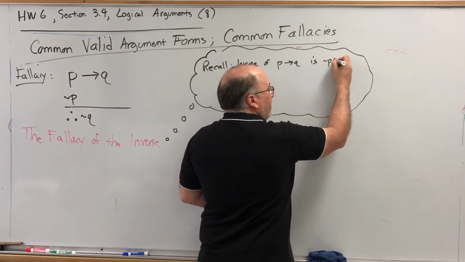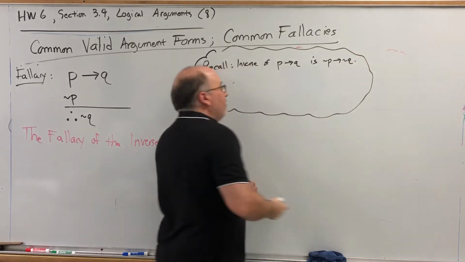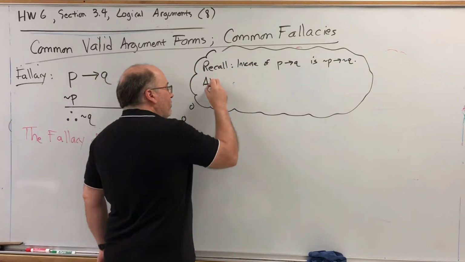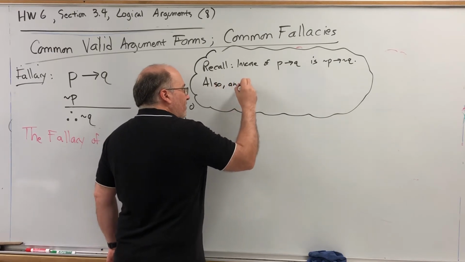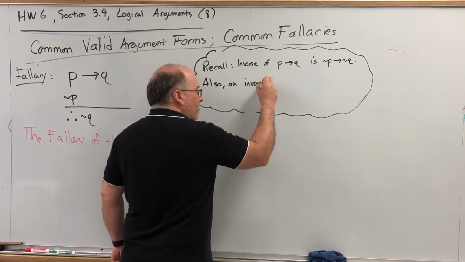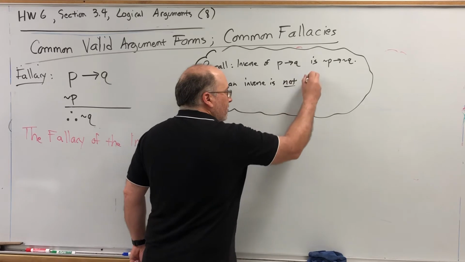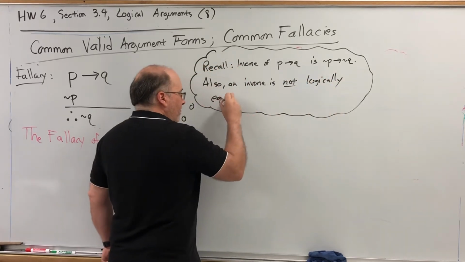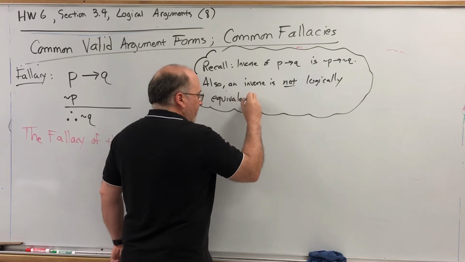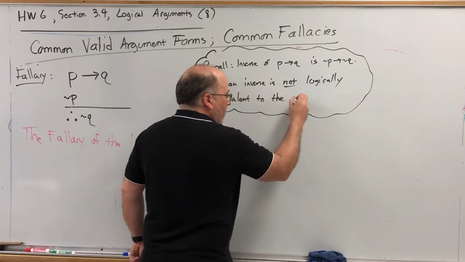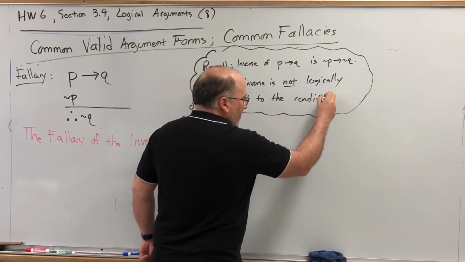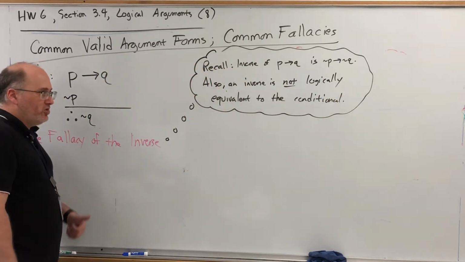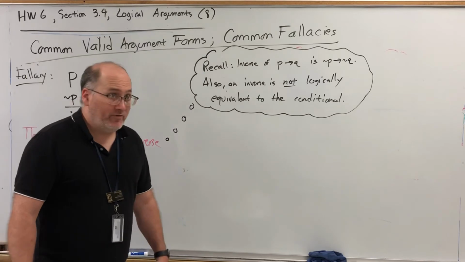So negation P pointing to negation Q. So that's what the inverse of a conditional is. Also, an inverse is not logically equivalent to the conditional. And what that meant was you can't just negate both halves of a conditional and get an equivalent statement.